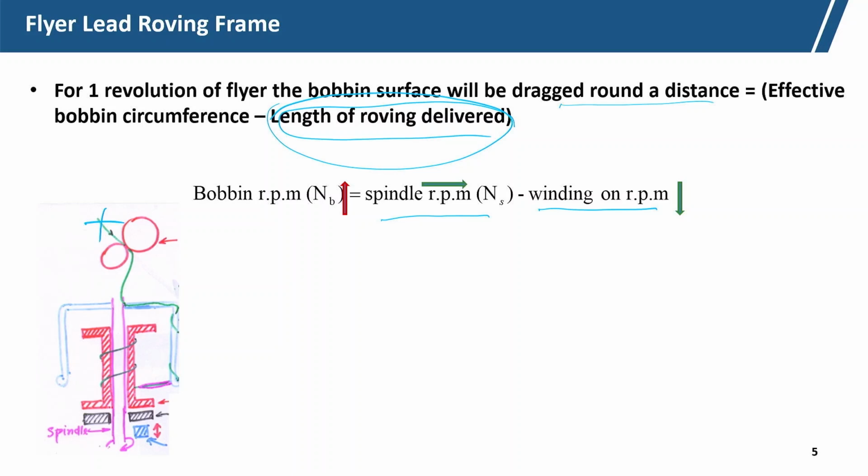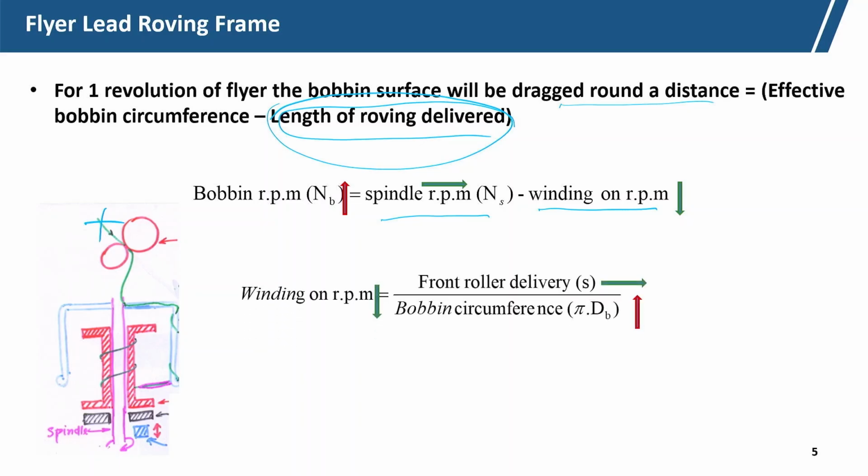The bobbin does not have any positive drive. So, bobbin RPM will be equal to spindle RPM minus the winding on RPM. Winding on RPM is equal to front roller delivery divided by the bobbin circumference. That is what we have already seen earlier.